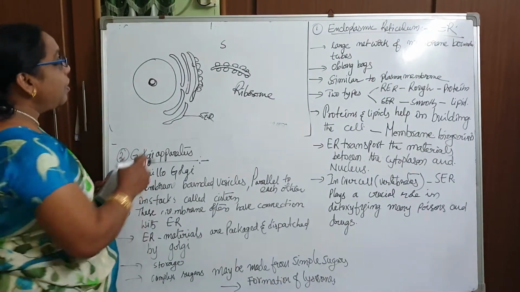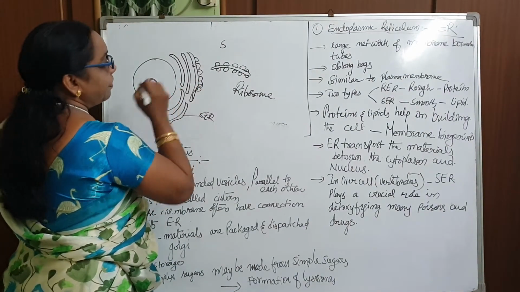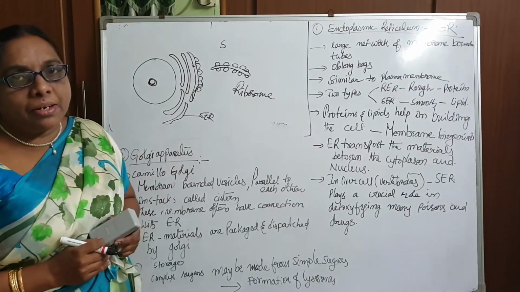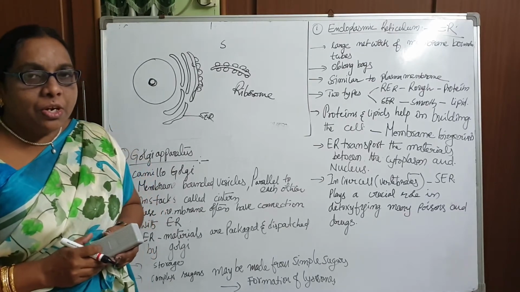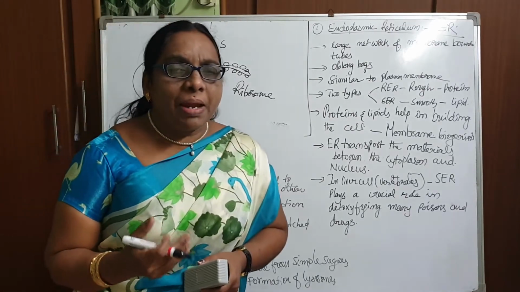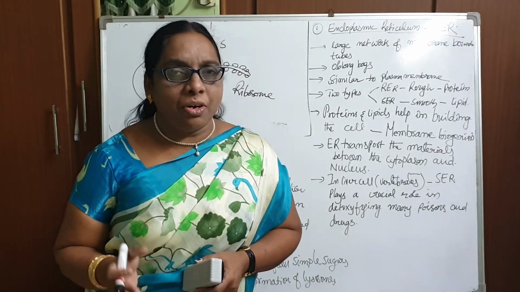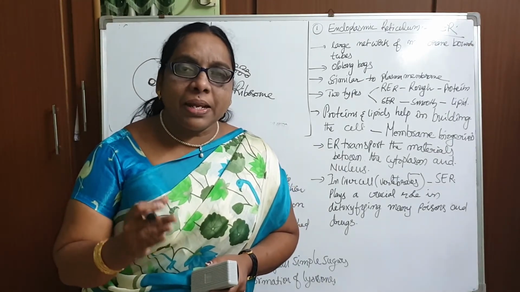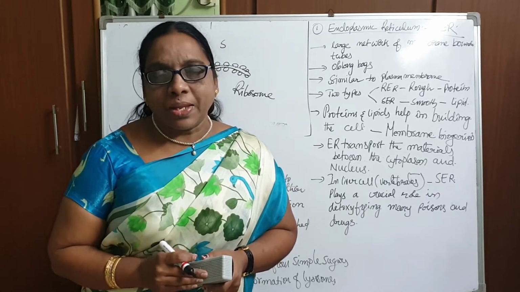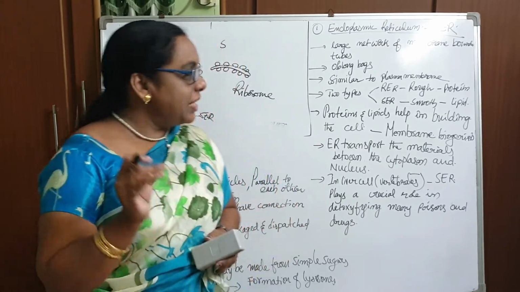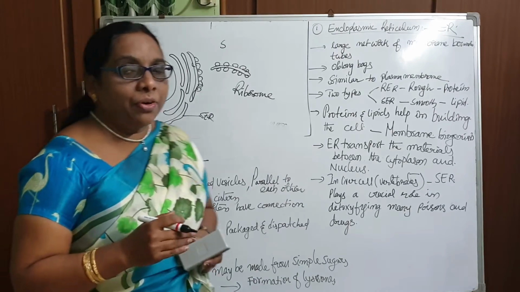These are the two different types of endoplasmic reticulum. RER plays a role in the production of proteins, SER plays a role in the production of lipids. Actually, these two, the proteins and the lipids, are helpful.